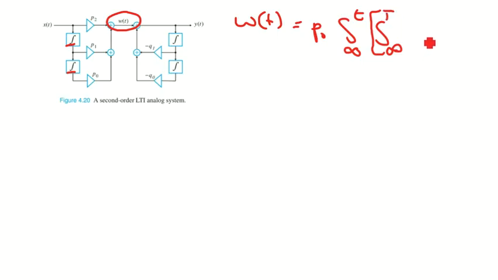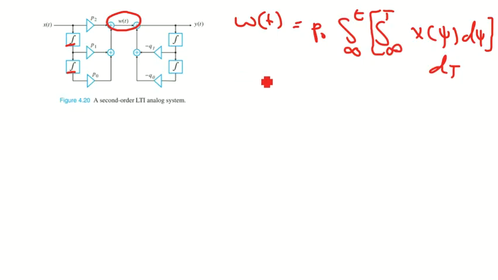I'm going to use a dummy variable, like phi, psi, whatever you want to use. I'm going to use psi, d psi. All that is integrated with respect to d psi here, and then the whole thing in the brackets is integrated with respect to d tau, because you have tau as a variable here.